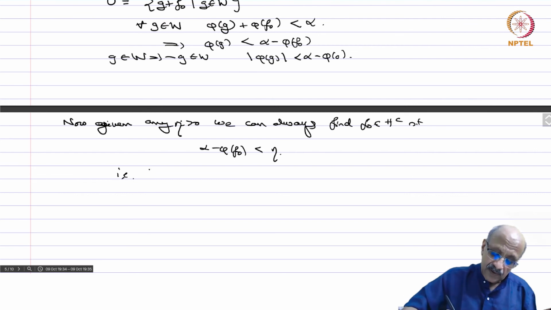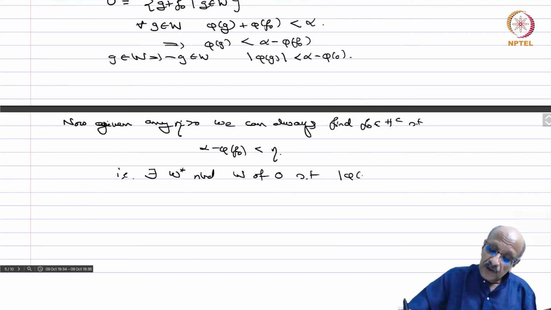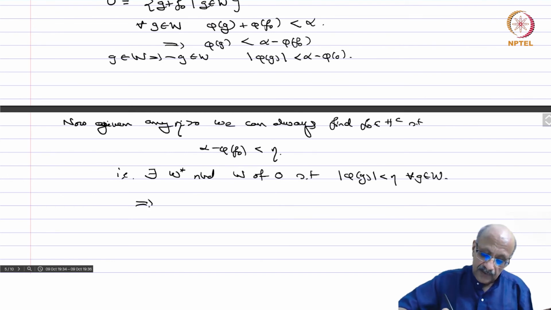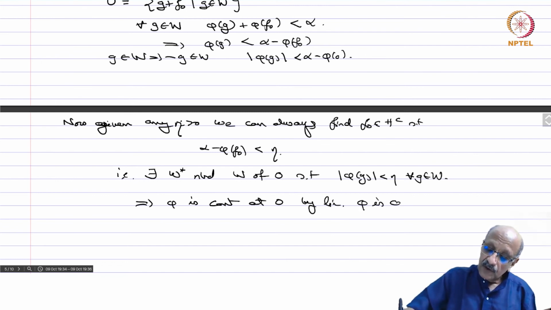there exists a weak star neighborhood W of 0 such that mod phi of G is less than eta for all G in W. This implies phi is continuous at 0, and by linearity phi is continuous everywhere.